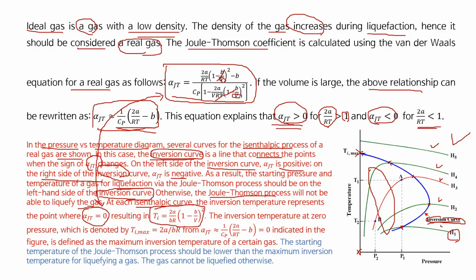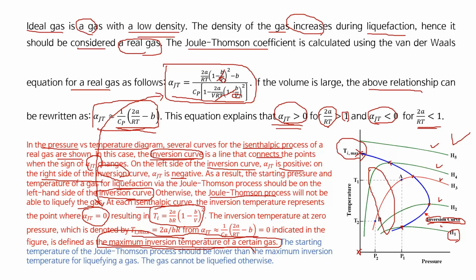So this point. The inversion temperature at the 0 pressure, which is denoted by Ti max, from alpha JT equals 0 indicated in the figure, is defined as the maximum inversion temperature of a certain gas. So Ti max represents the maximum inversion temperature of a certain gas.